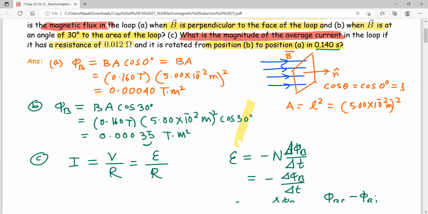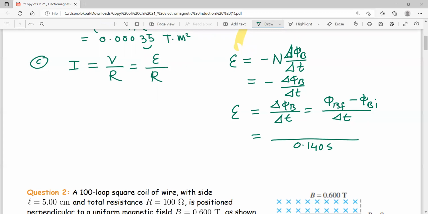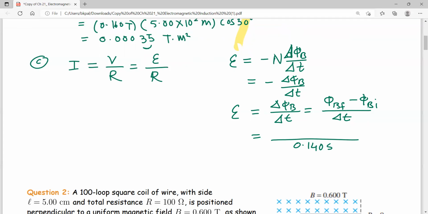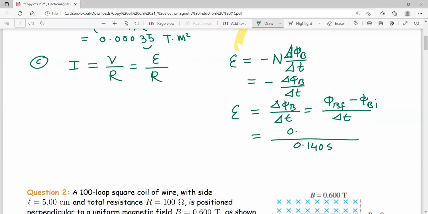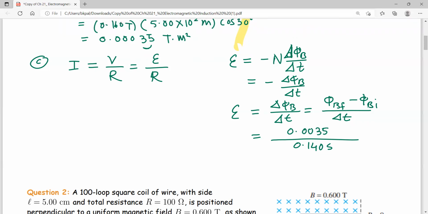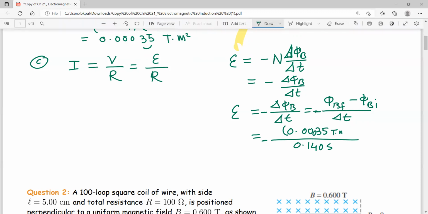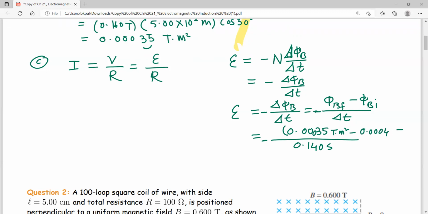The final flux is 0.00035 Tesla meter square minus 0.00040 Tesla meter square. Even if you put a negative sign, it doesn't matter.